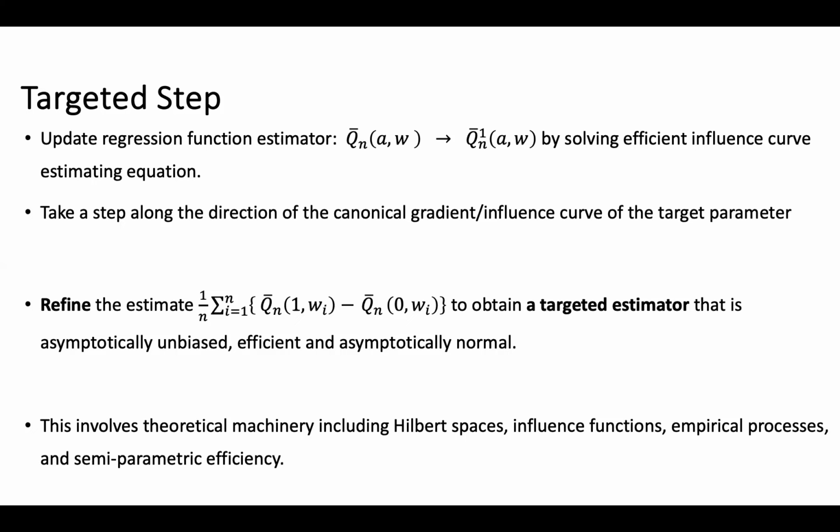And that update makes all the difference, because that new targeted estimator is asymptotically unbiased, efficient, and asymptotically normal. So we can do inference the standard way.